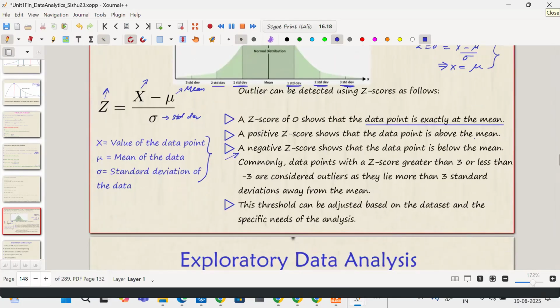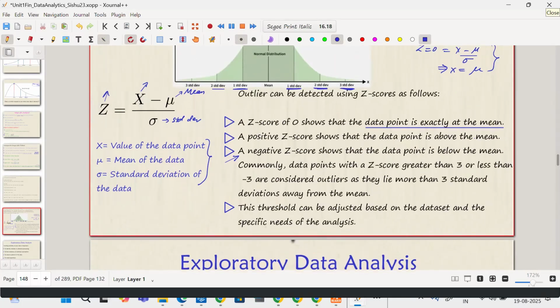data points with a z score greater than 3. This is a rule of thumb. You have to go deep into statistics to understand why this criterion is made, but this is just the criterion which I am explaining here. If your z score is greater than 3 or your z score is less than minus 3, they are considered to be outliers.